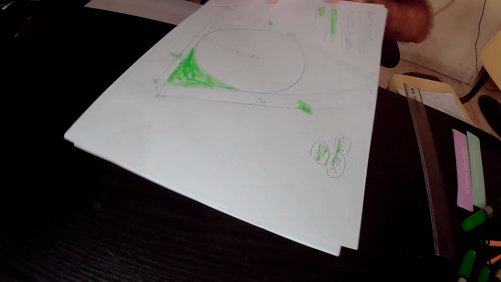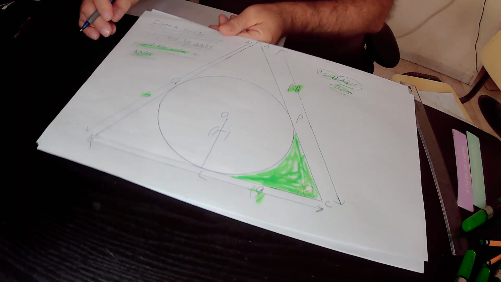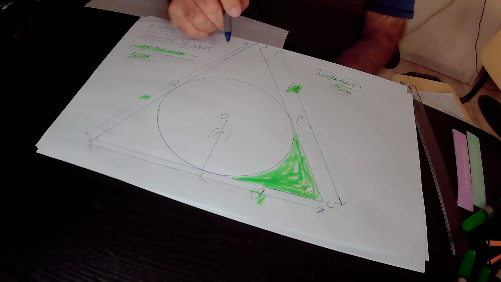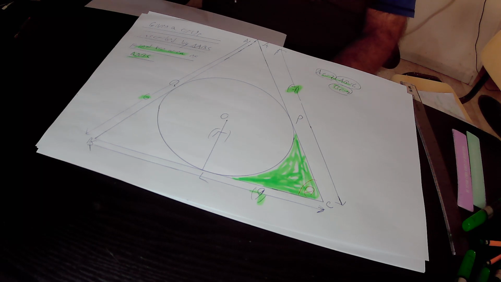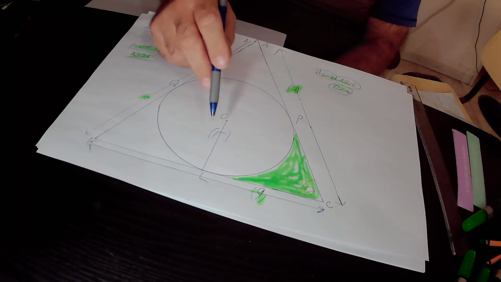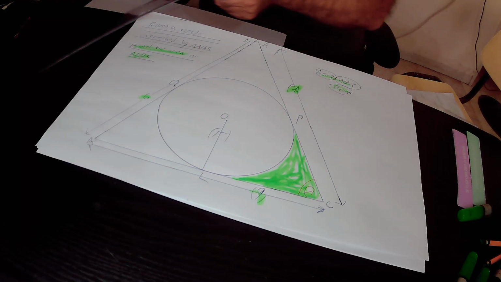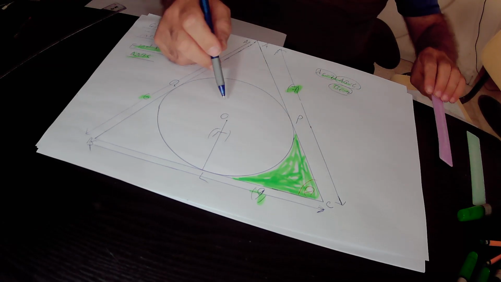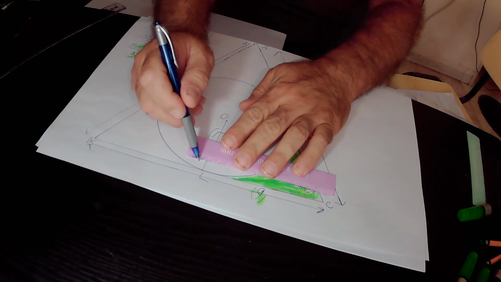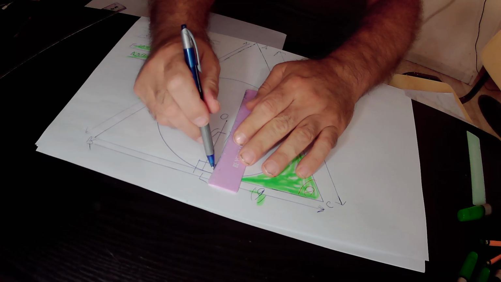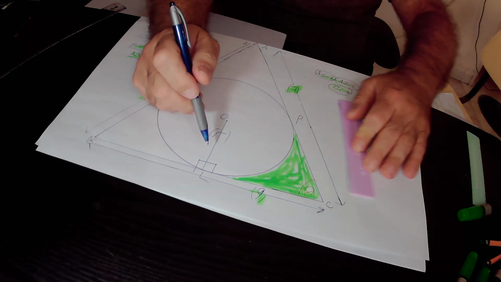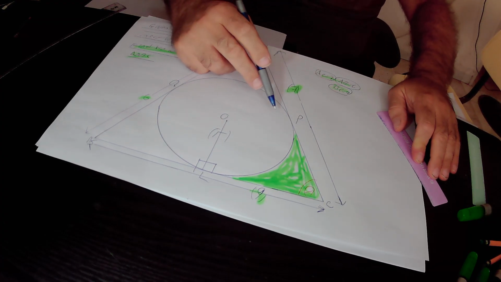So here we can implement rule 1: the radius is drawn to point L, the point of tangency of tangent BC with this circle. Whenever a radius is drawn to the point of tangency, the tangent BC is perpendicular to the radius LO. If BC is perpendicular to LO, it means that this angle equals 90 degrees. And this angle also equals 90 degrees according to rule 1. In the next step, we join points O and P together by a straight line.